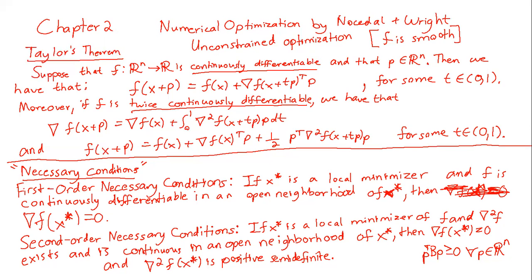Again, the proof was by contradiction: suppose that it's not positive semi-definite, then we demonstrate that x star couldn't have been a local minimizer, so therefore it must be positive semi-definite.